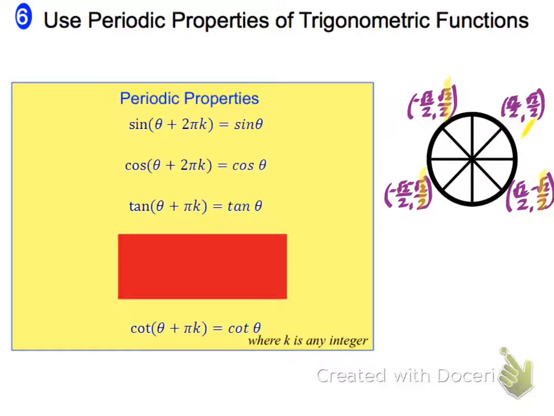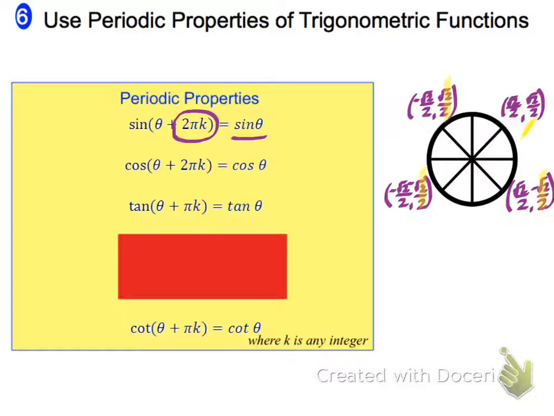There's really no pattern here. It takes the entire way around the circle before we'll start repeating the answers again. So what that means is that sine of theta, for every set of 2 pi I add to it, is the same as the original. So basically every set of 2 pi I get to ignore.